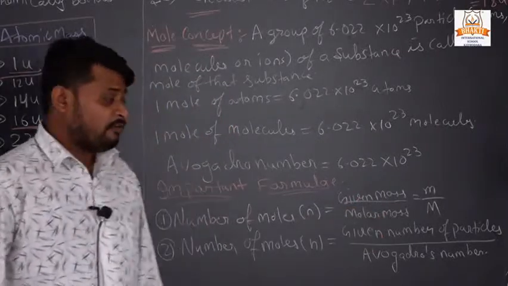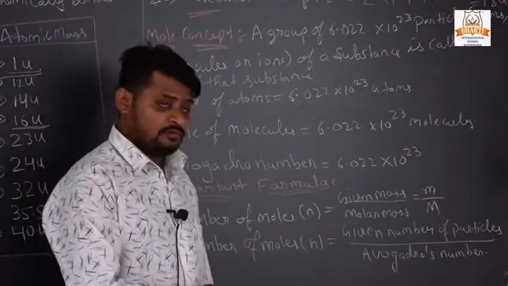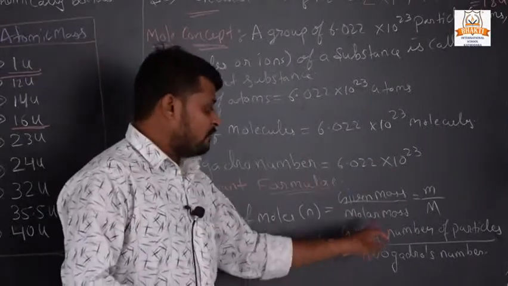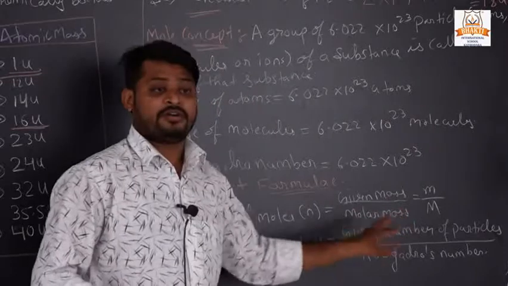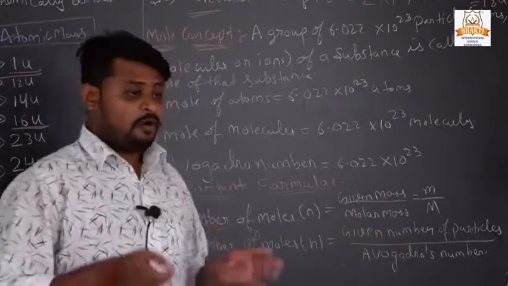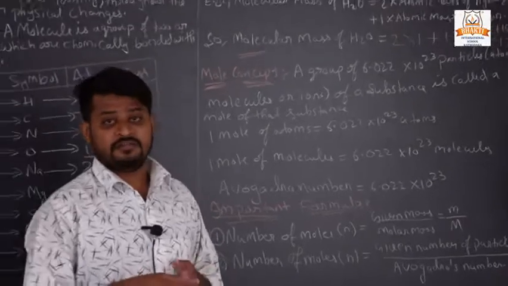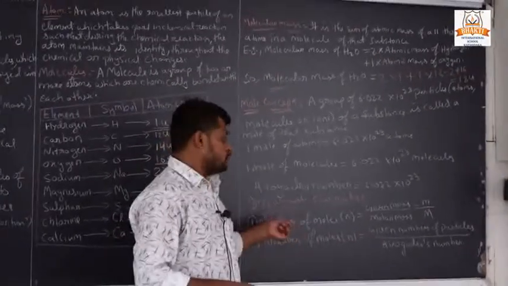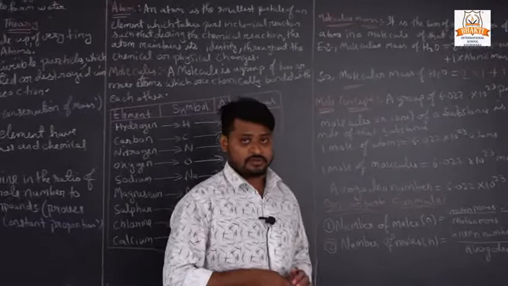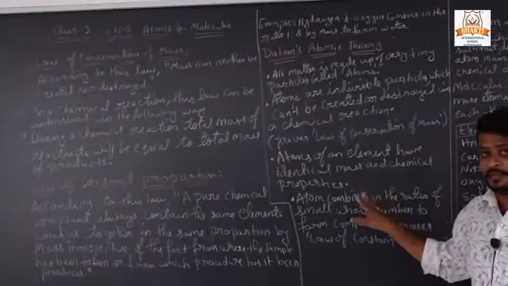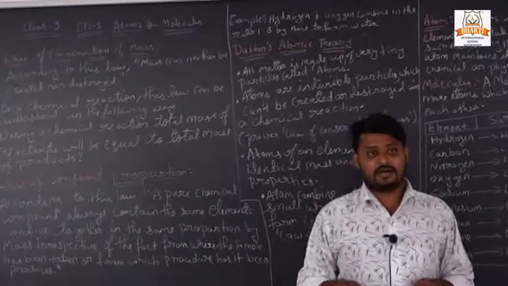If the given mass is not given, and only the number of particles is given, then we use given number of particles upon Avogadro's number. These are the basic topics of this chapter that we have discussed.